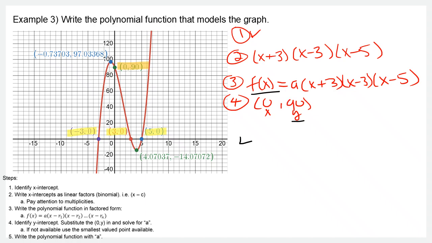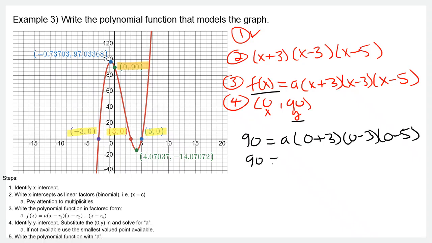So we need 90. There we go. So we're going to substitute that in. We have 90 equals a times 0 plus 3, 0 minus 3, and 0 minus 5.